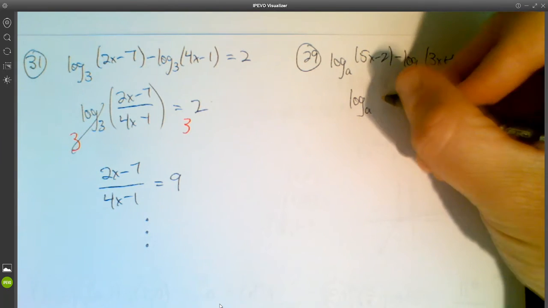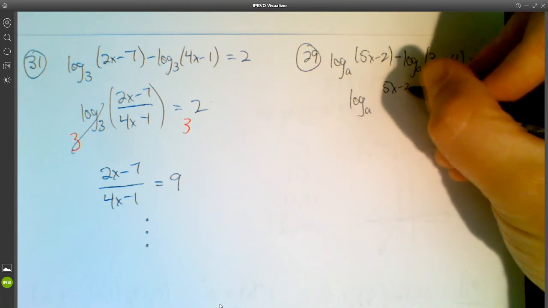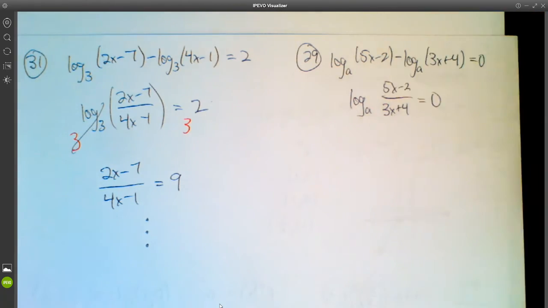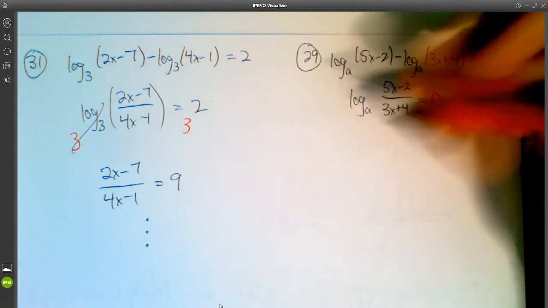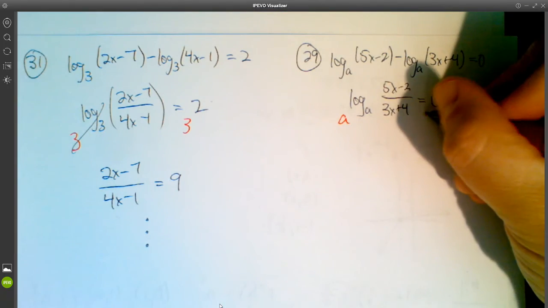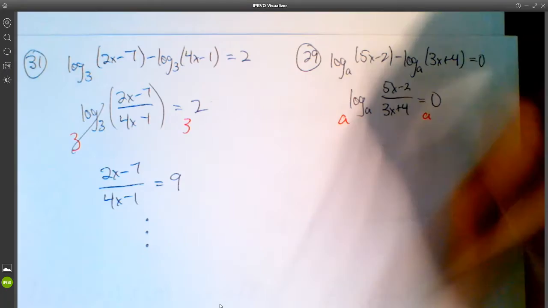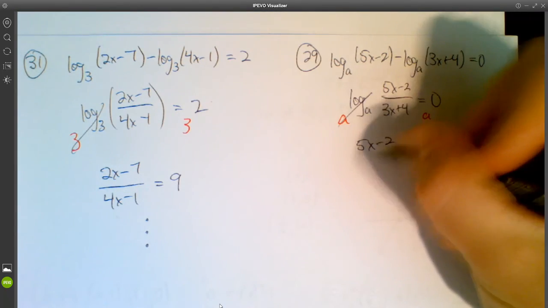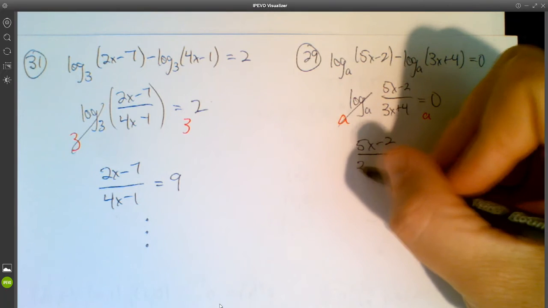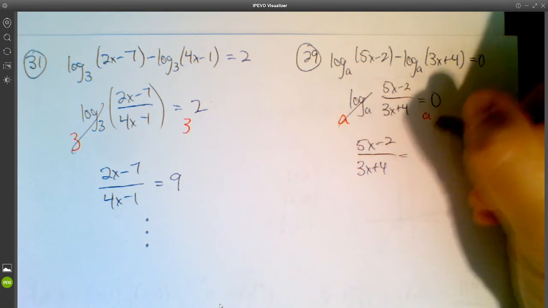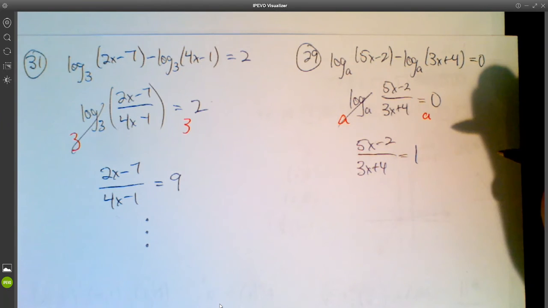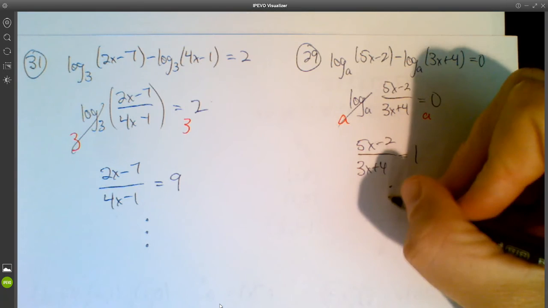It's log base a of 5x minus 2 over 3x plus 4 equals 0. And now I would exponentiate by a in order to clear that logarithm. A to the log base a is going to cancel for any base a. So we're just left with 5x minus 2 over 3x plus 4 equals a to the 0 power. Well, any number to the 0 power is 1. And then the rest is history.